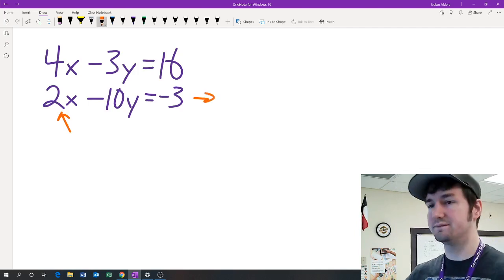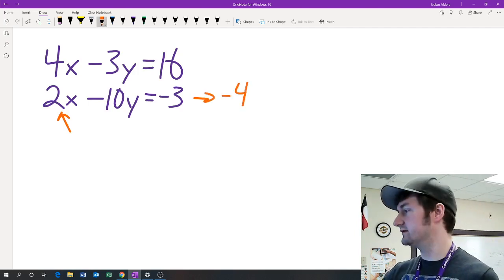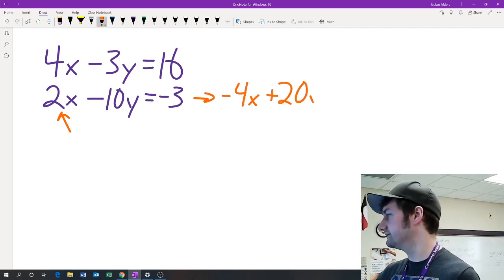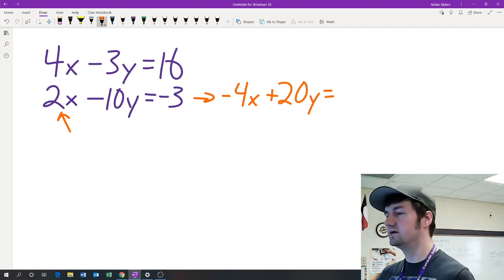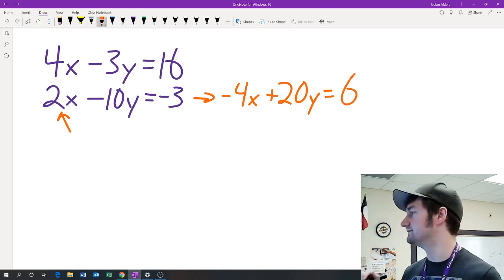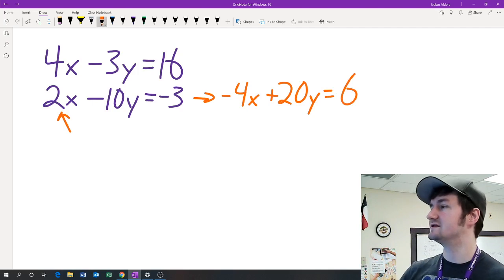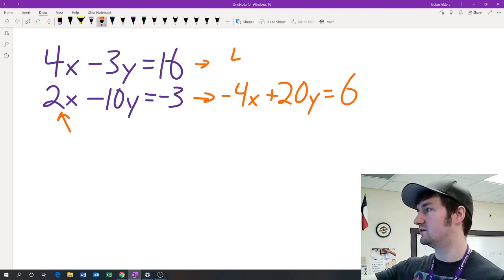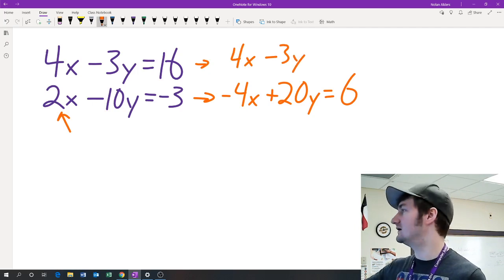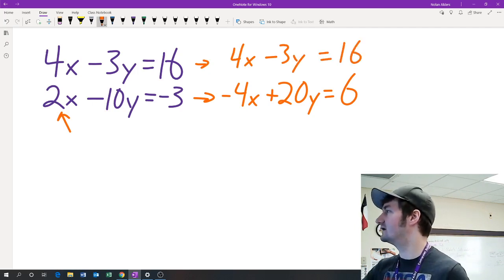So we'll get -4x plus 20y equals 6. Multiply everything by -2. The top equation just remains the same, so we'll just have 4x minus 3y equals 16.